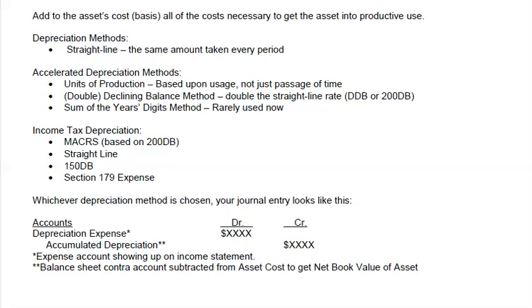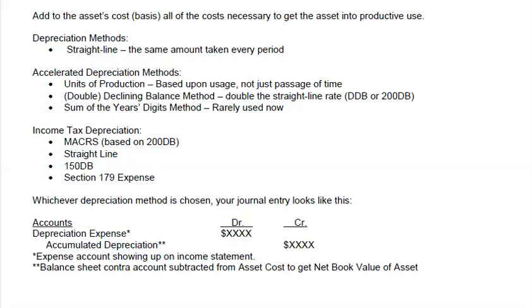Then I did want to mention, the first four are for financial statement purposes, and we do have some income tax methods of depreciation. The first one, the modified accelerated cost recovery system, I've heard it called MACRS and MAKERS.